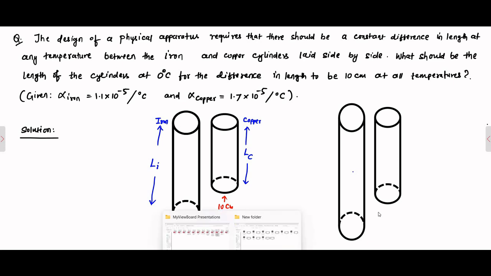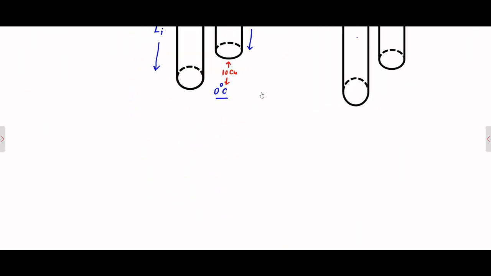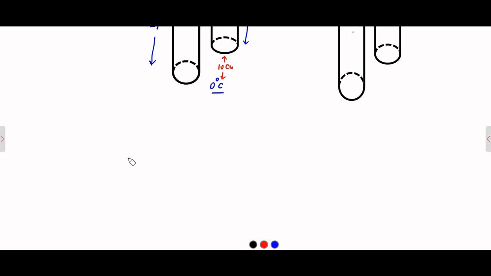Okay, so let us try to solve it. Let us say the initial length at 0 degrees Celsius of the iron cylinder is equal to Li, and that of the copper cylinder is, let's say, Lc.